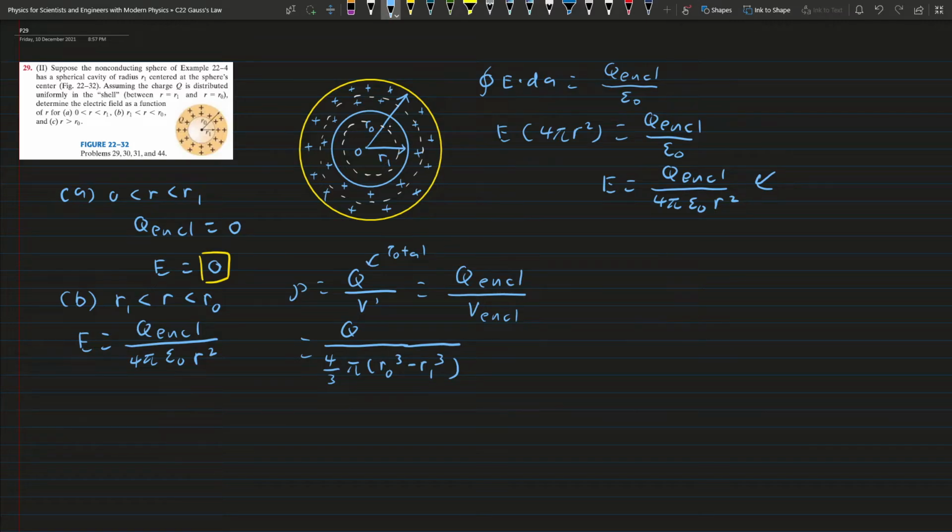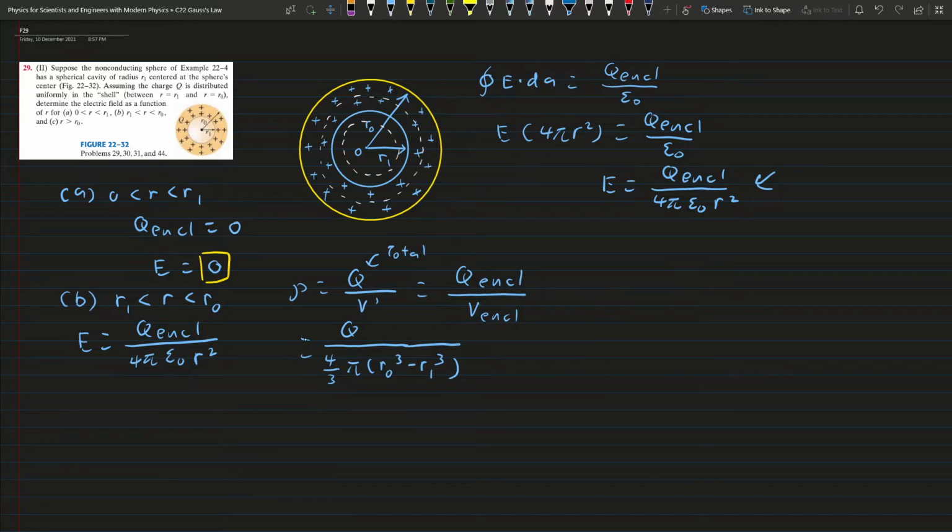You can see that the charge is only in the region between r1 and r0. Inside, the part where r is less than r1, there will be no charge, so we have to subtract r1 cubed, because this is the volume of the inner sphere.